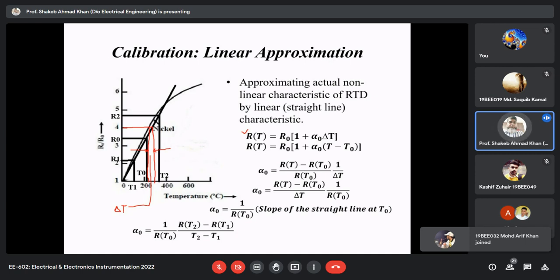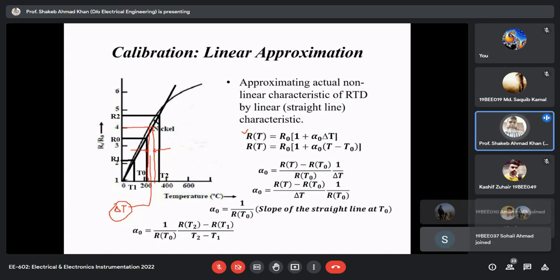Now this error is called nonlinear error. At this point it is an error, and you consider it as an error. This error will have a certain value. Now we will try to find the maximum deviation within the range.